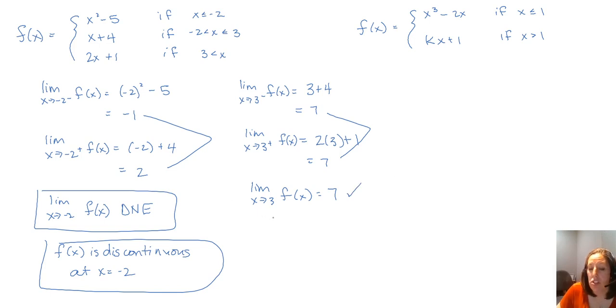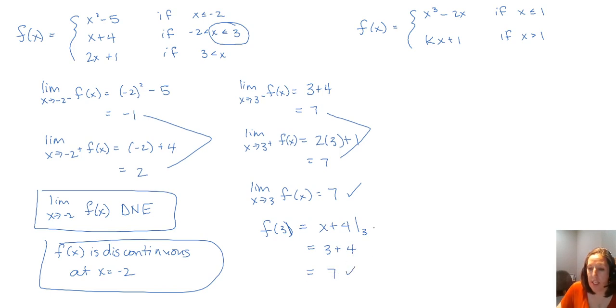The second criteria is our function has to be defined. F of 3, well, if we look at this, if x is less than or equal to 3, we're going to be in the middle category. So that means f of 3 is going to follow the function pattern x plus 4. We're going to evaluate that at 3. And when we plug in x equal 3 into that function, we get 7.